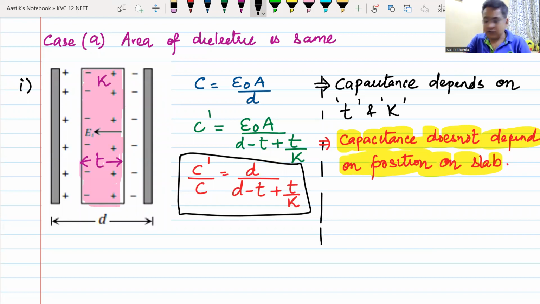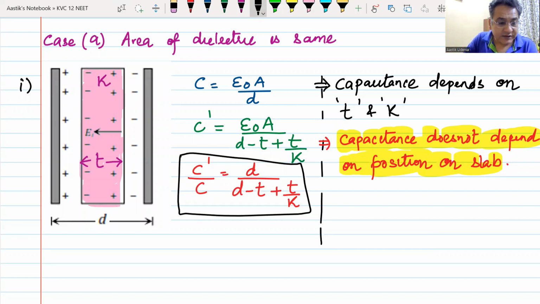Now let us move on to subcase number 2. In this subcase number 2, my dear friends, you are going to have more than one dielectric put.